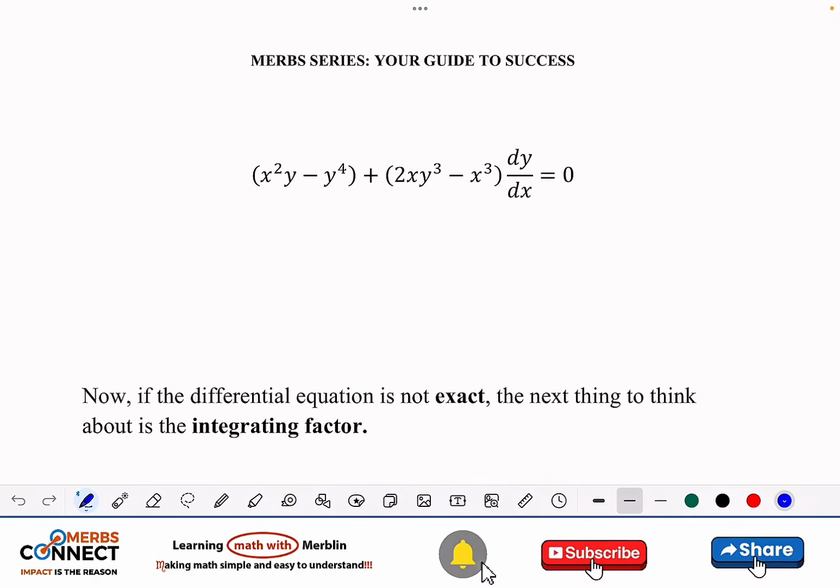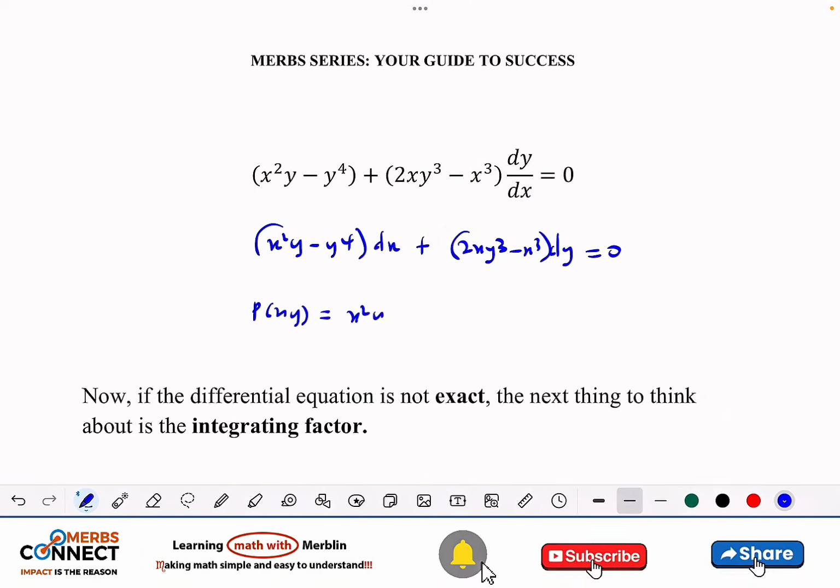If I have this equation, it is the same as x squared y minus y to the power 4 dx plus 2xy cubed minus x cubed dy equals 0. So my p of xy is equal to x squared y minus y to the power 4.